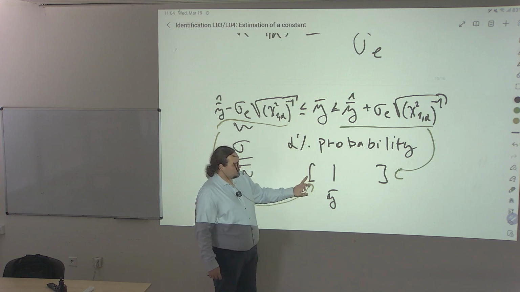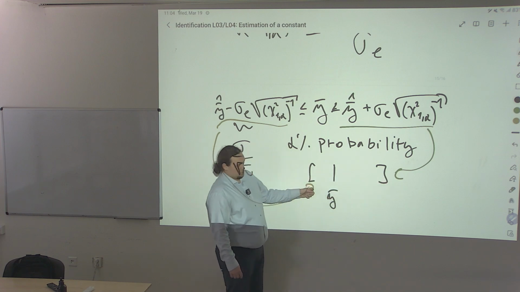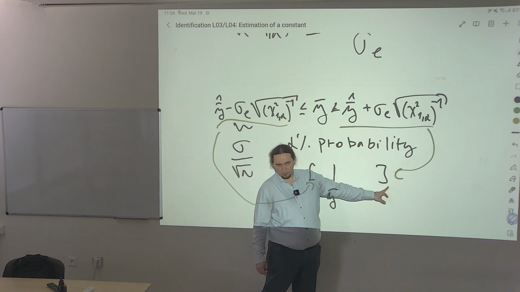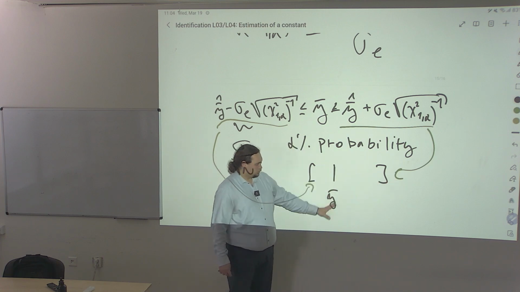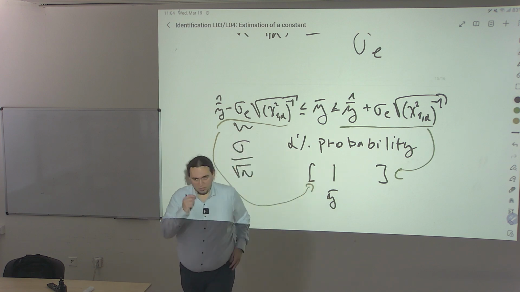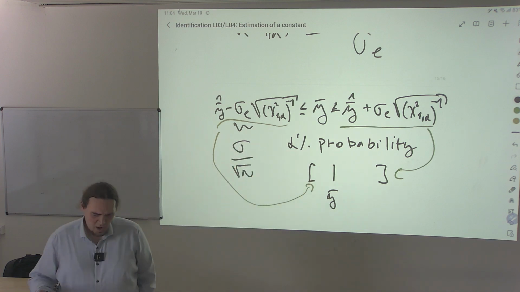So our estimate tells us 0.95 to 1.12. So the true value of 1 lies within this interval.